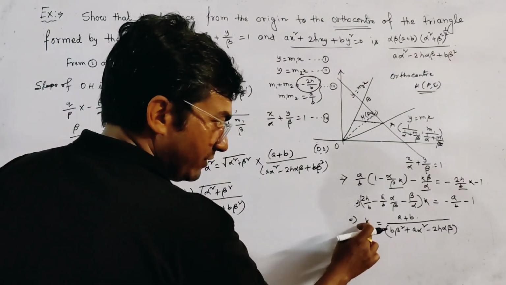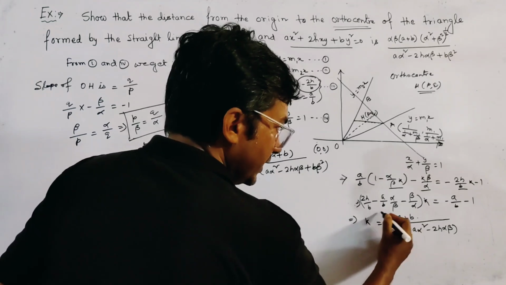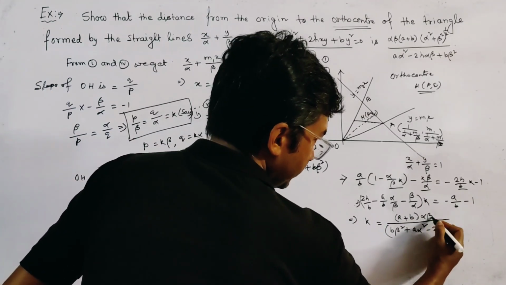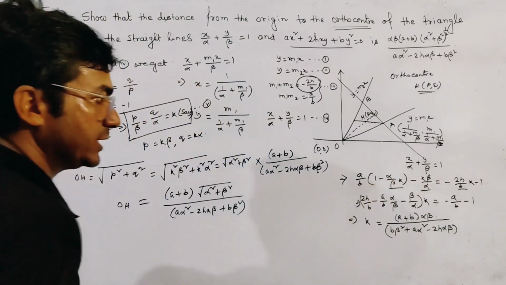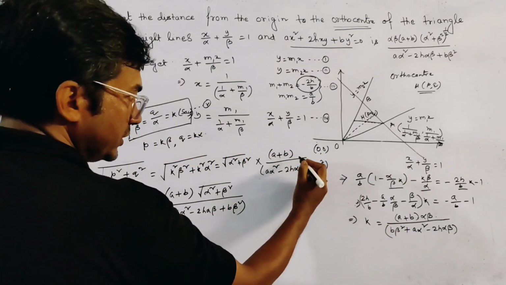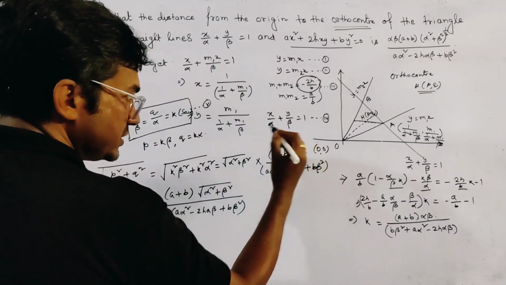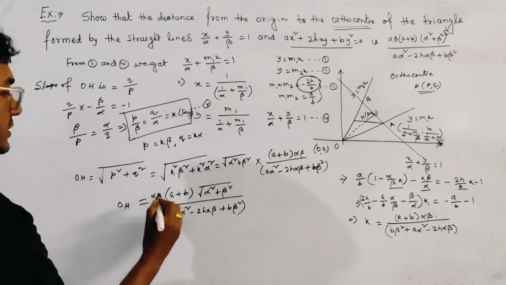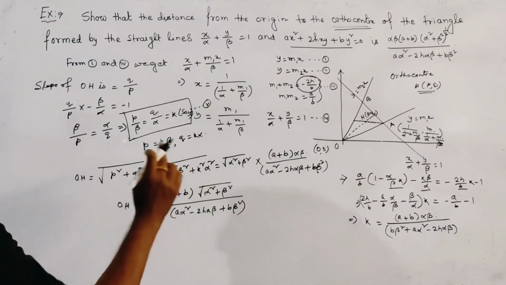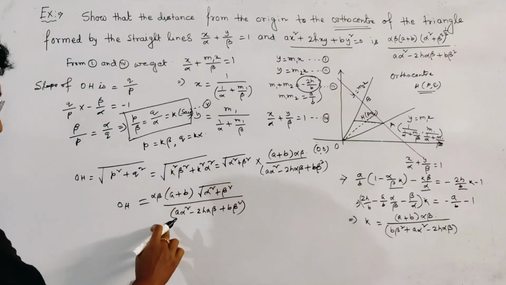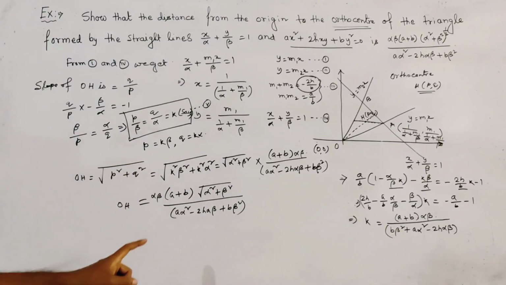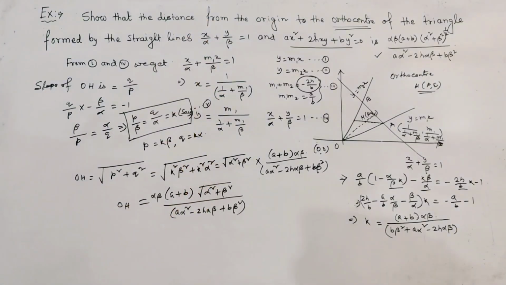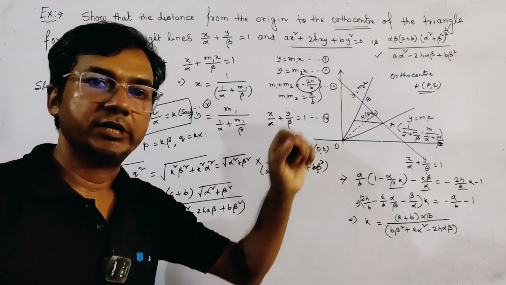When I find the value of k, here the LCM is alpha beta, we multiply here with alpha beta, then this is the correct value of k, and we put the correct value of k here, this is a plus b into alpha beta, so the answer is this, alpha beta into a plus b into root under alpha square plus beta square by this. Okay, and this is our required result. So this is the distance from the origin to the orthocenter.